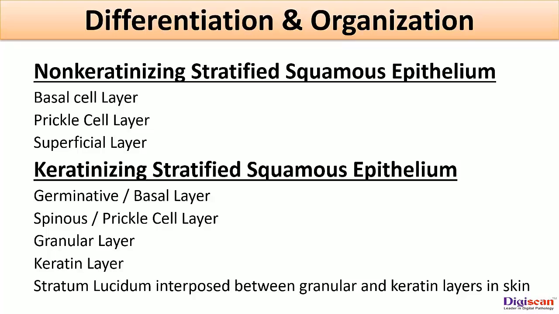The layers in keratinizing epithelium are basal cell layer, prickle cell layer, granular layer, keratin layer, and in skin there is a fifth layer interposed between granular layer and keratin layer, called stratum lucidum. So we should know the various layers, and then we can understand the changes which we describe in the epithelium.